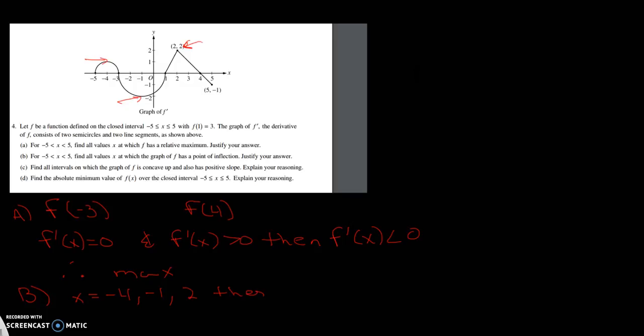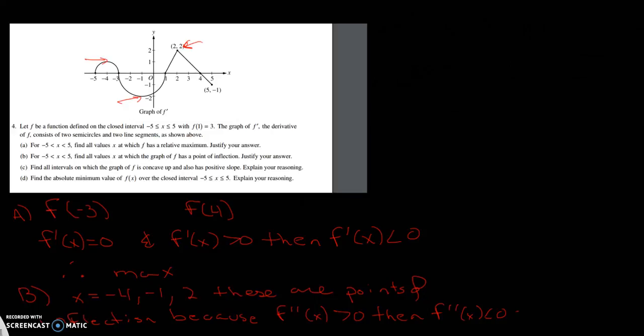These are points of inflection because f double prime of x is greater than 0, then less than 0, or vice versa.